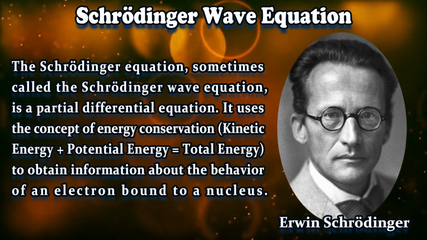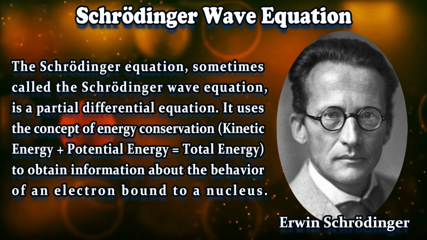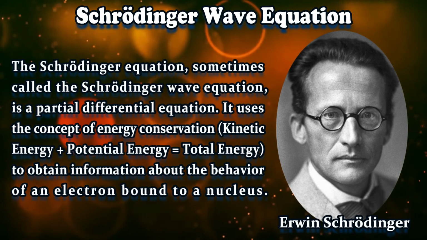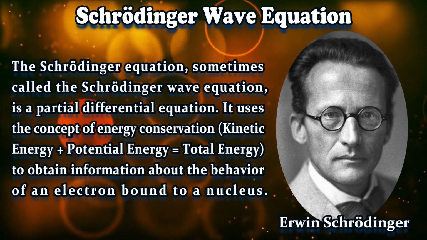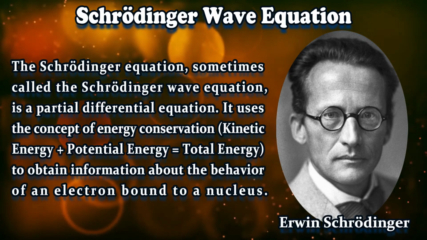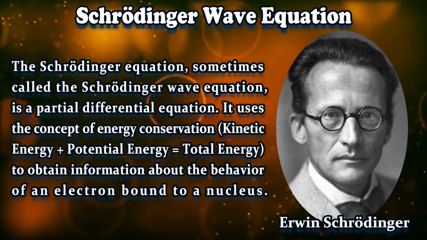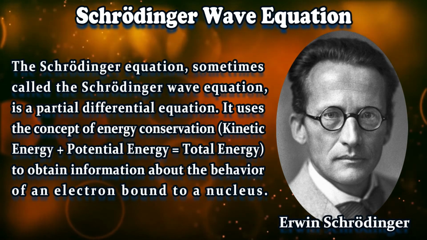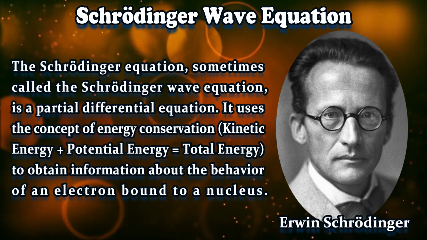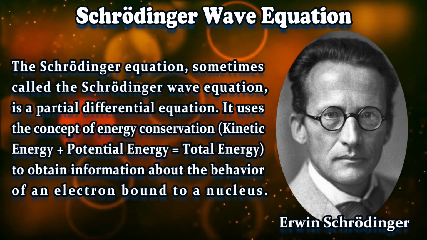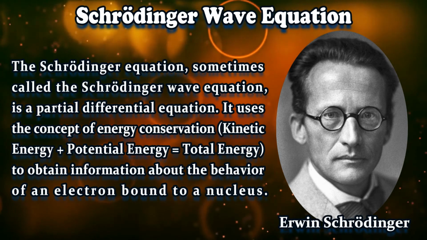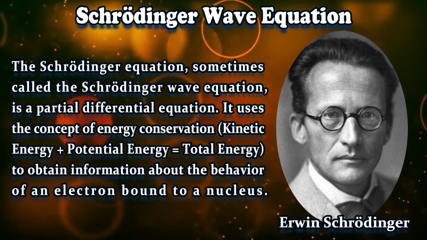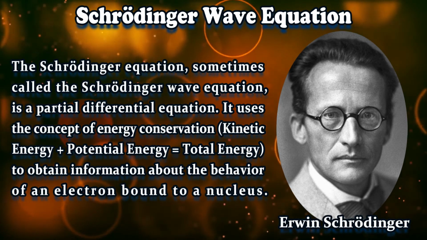Now in quantum mechanics, the things are not that easy. It is a little bit difficult, but here Schrödinger has given some simpler equations, and those equations we will discuss here. Okay. So Erwin Schrödinger obtained the partial derivative function of the wave function, where he introduced a new parameter called psi.